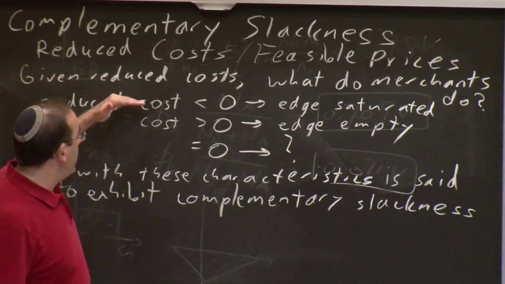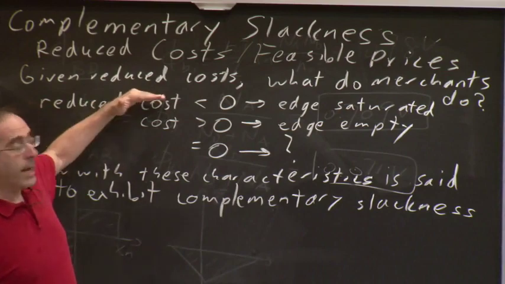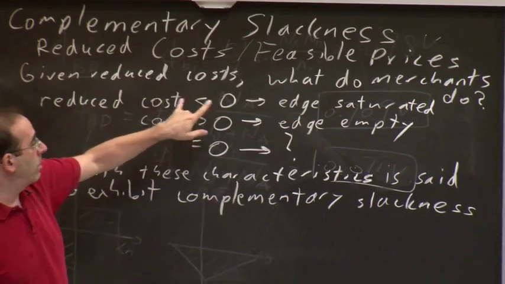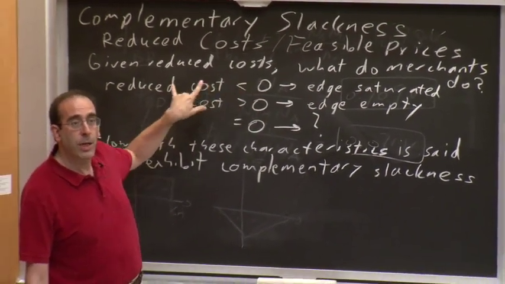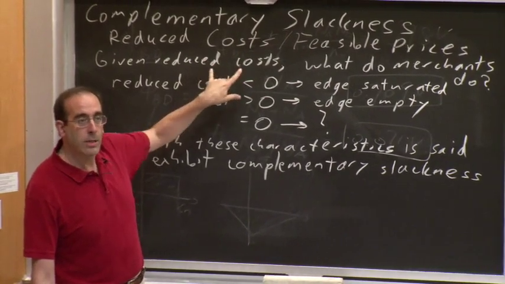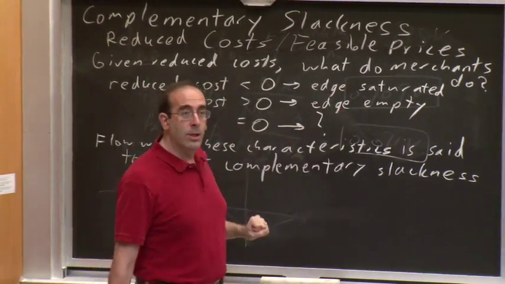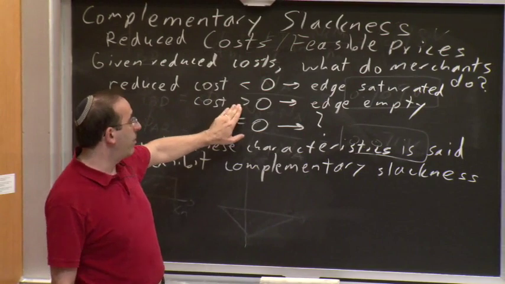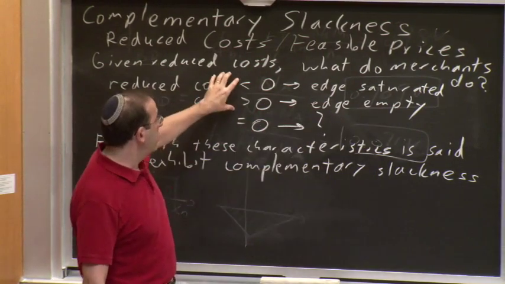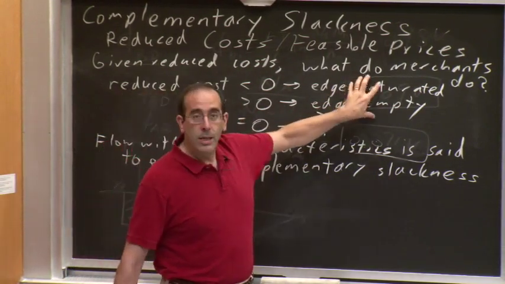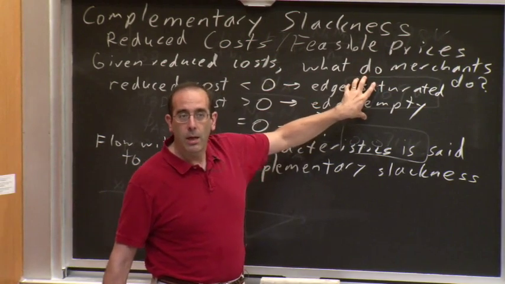Okay? So if here you have a negative reduced cost, that is you're slack on the difference between the shipping costs and prices, then the edge gets saturated. Or conversely, if you have a positive one, then it's empty. So these are the slack sides, and these are tight bounds.